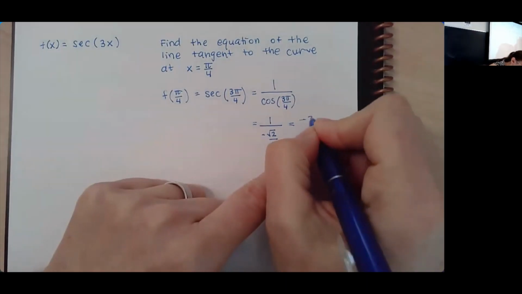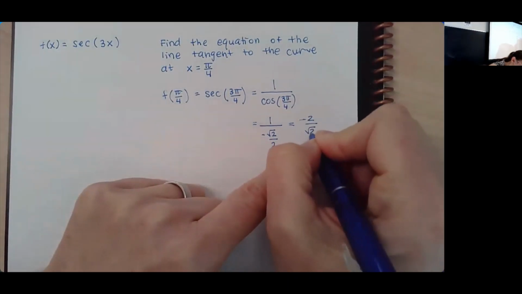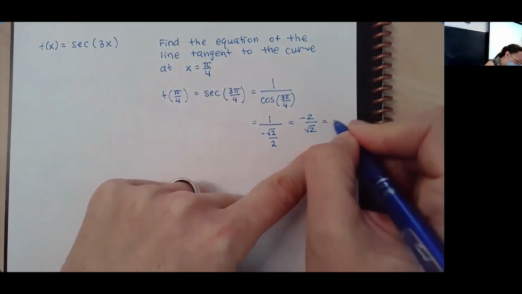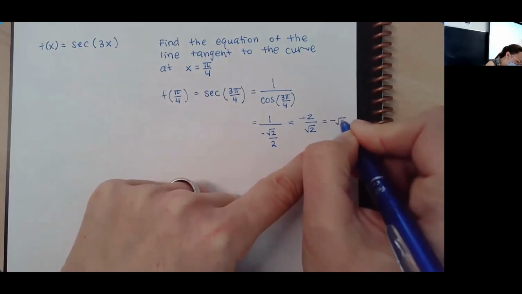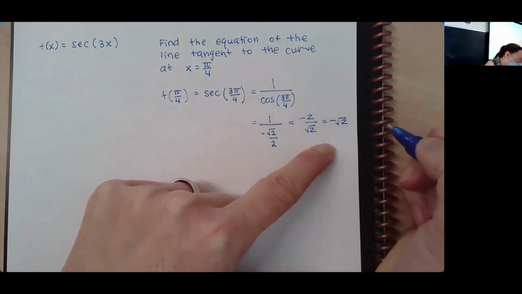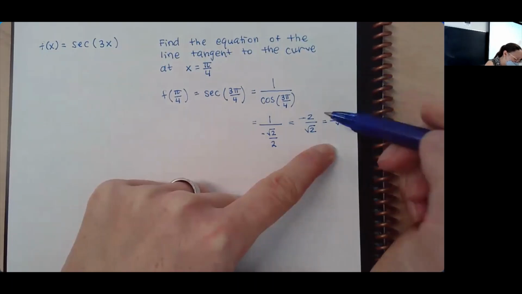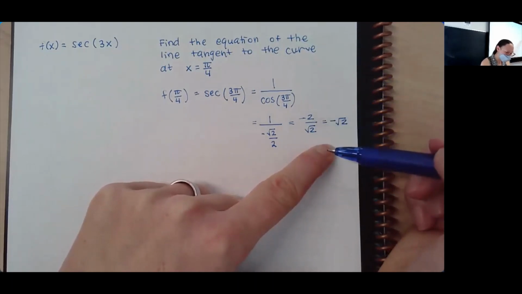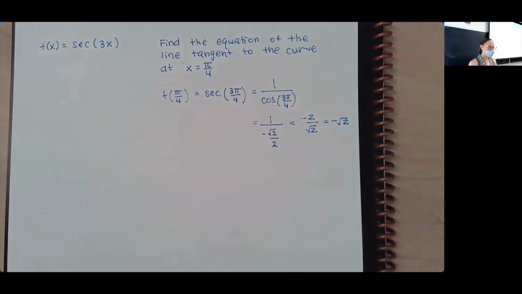So I would have negative 2 over the square root of 2, which you could also just turn back into negative square root of 2 by multiplying the top and the bottom by the square root of 2. So now I've got my point, and now it's time to go figure out my slope.